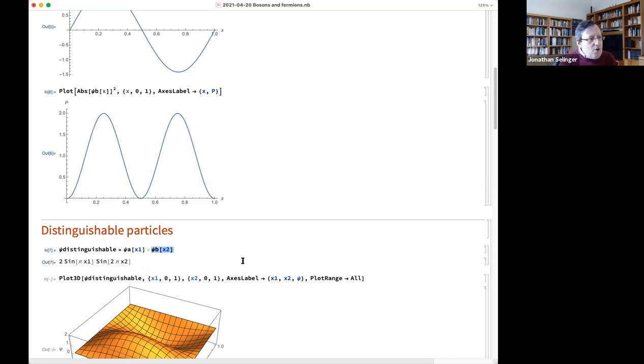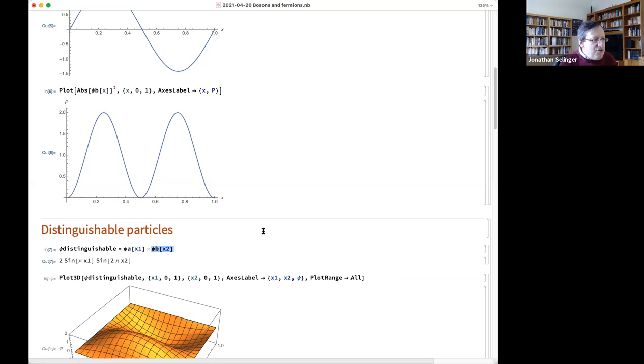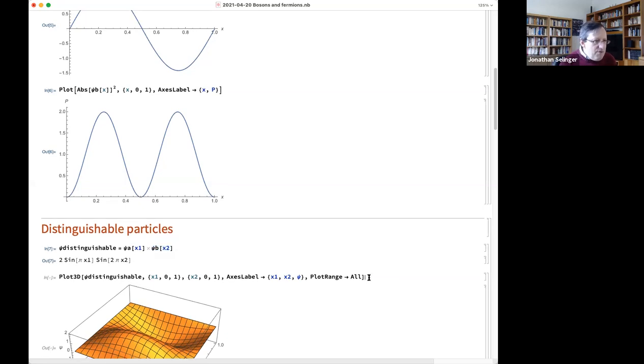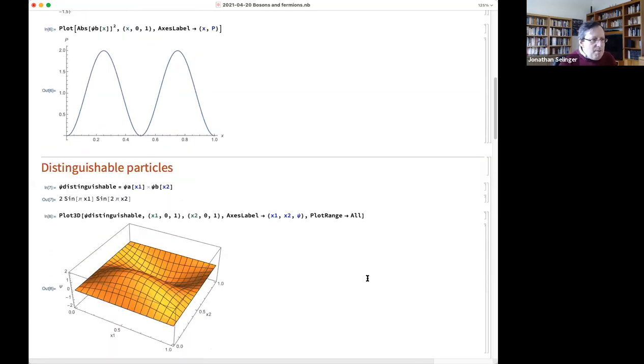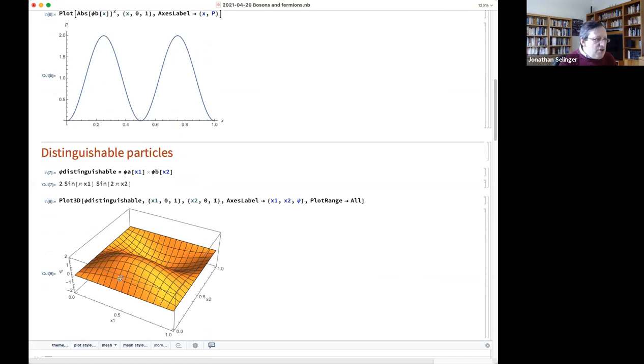So we could make a nice three-dimensional plot of this wave function, which looks like this. This is a plot as a function of x1 and x2. x1 is on this axis, x2 is on this axis. And so here's the shape of the wave function as a three-dimensional plot.